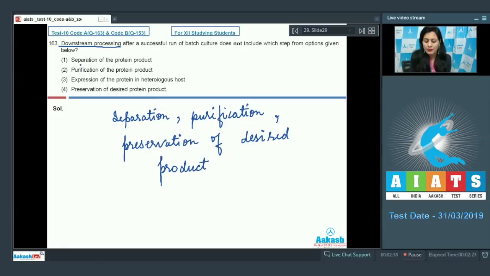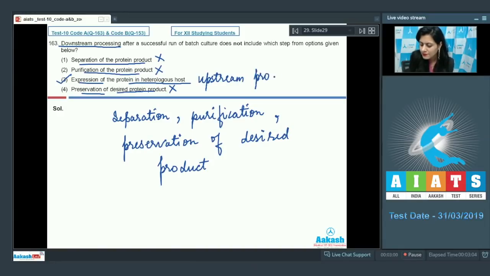So option number 1, separation of the protein product, option number 2, purification of the protein product, and the last option, preservation of desired protein product, are the incorrect options because these steps are involved in downstream processing. Whereas the third option, that is expression of protein in heterologous host, is a correct answer to our question because it is a step which is involved in upstream processing. So the correct answer to this question is option number 3. Let's discuss our next question.